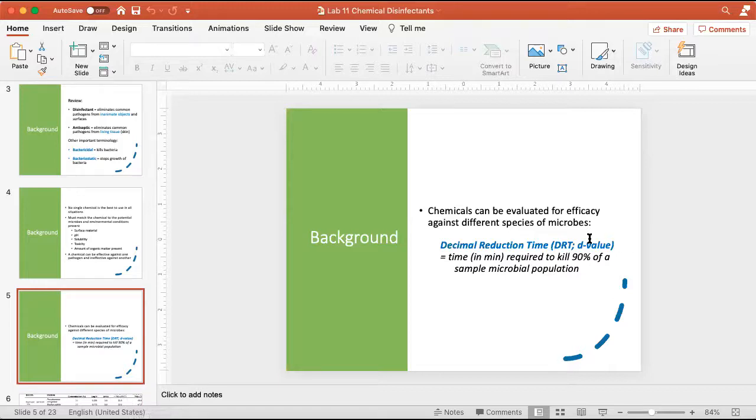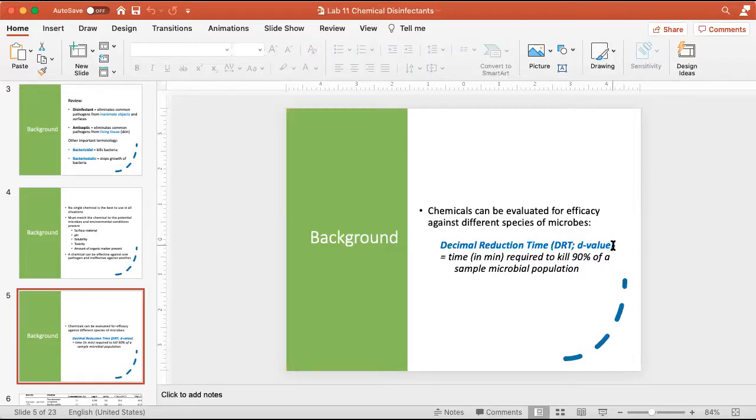Now, this is often abbreviated DRT. So if you look into textbooks for DRT values, it doesn't usually say decimal reduction time. It says DRT. There is also another term that's used, and that's the D value. So if you ever see that in a table, that just means decimal reduction time.